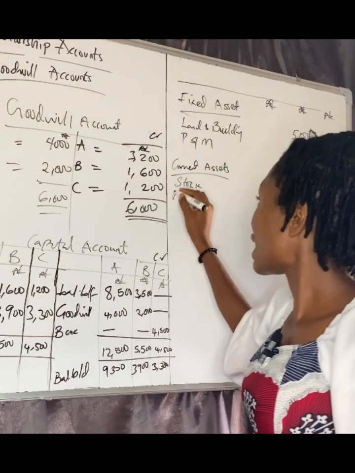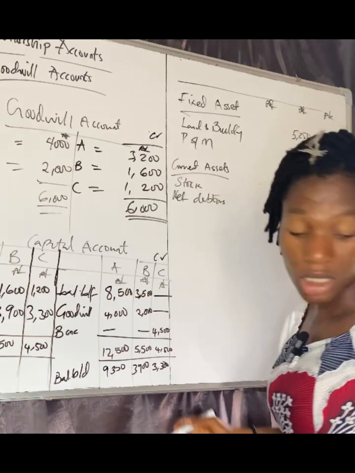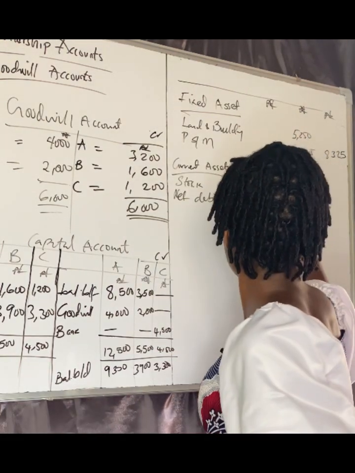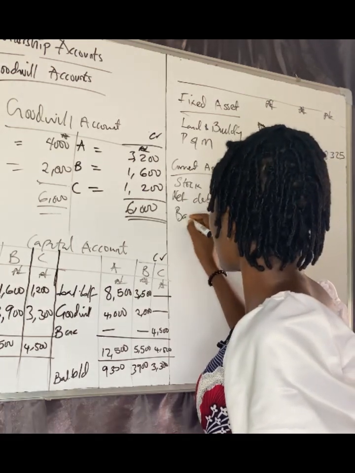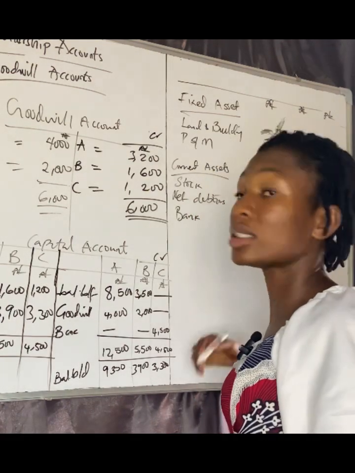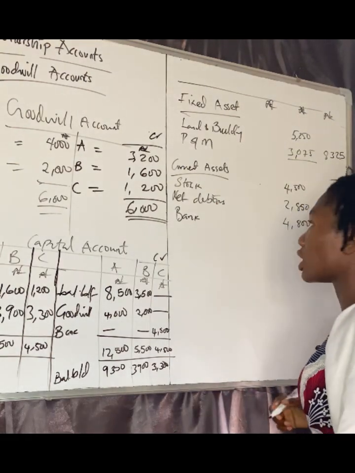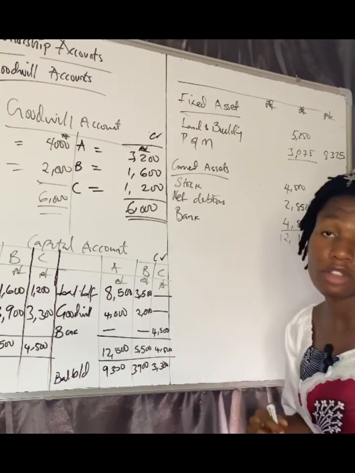And then our net debtors is 2,850 naira. And then our bank balance, after we have added capital, will be increased to 4,800 naira. So that will give us 12,150 naira for our current assets.